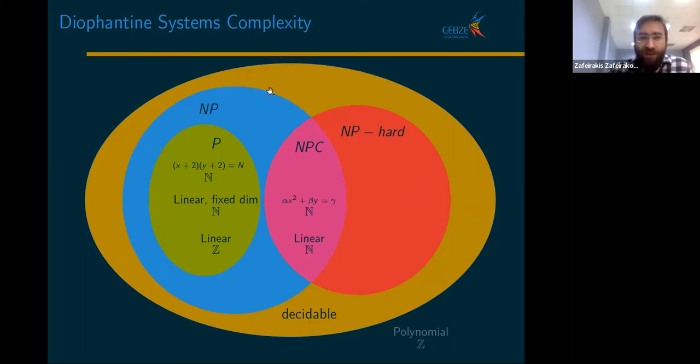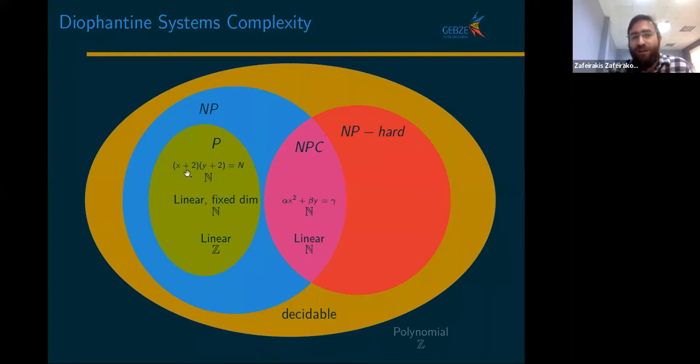Now, in the orange part, we have decidable problems. So there exist algorithms, and here we have a variety of different complexities. For example, if we want to decide if this equation has non-negative integer solutions, this actually is solvable in polynomial time. So this is a specific problem.